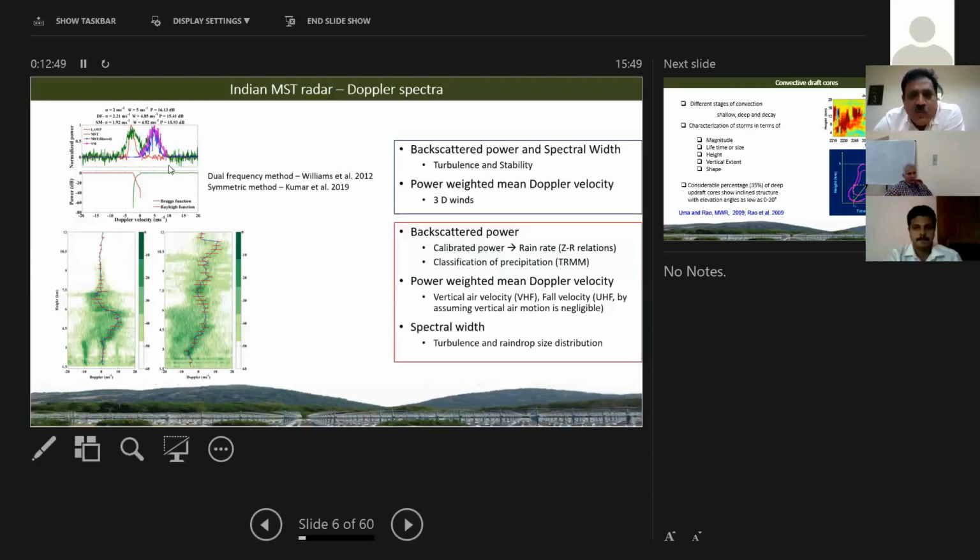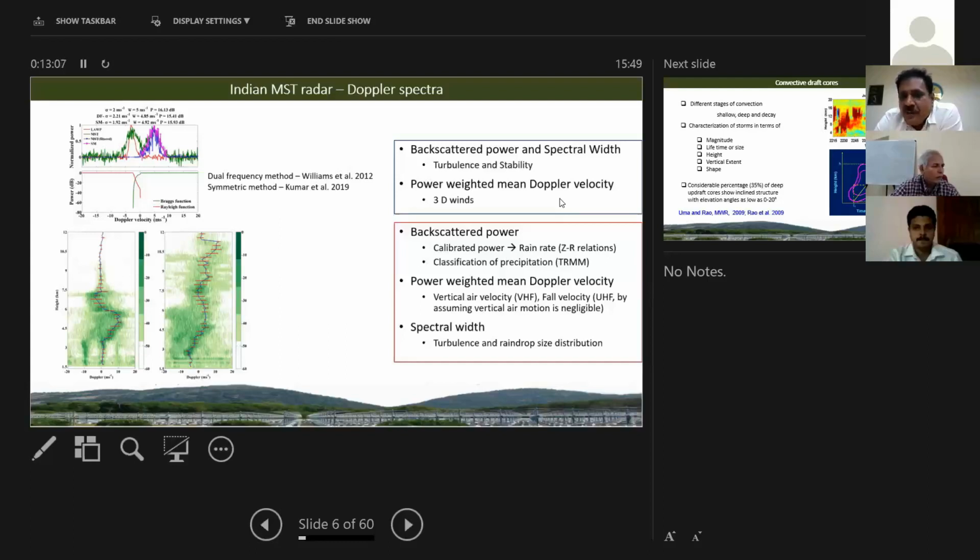Why we have to do this: if you saw in the morning, I think Professor P.B. Rao explained what the three basic moments are that you can get with a wind profiler. One is the backscattered power, another is the Doppler velocity, and the third is the spectral width.